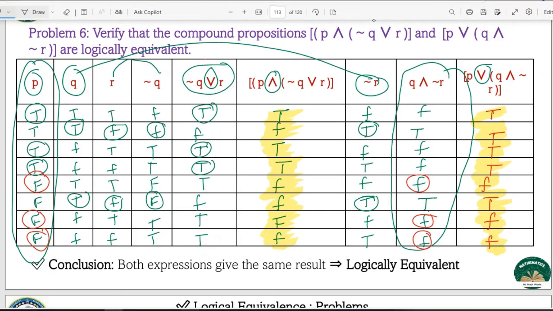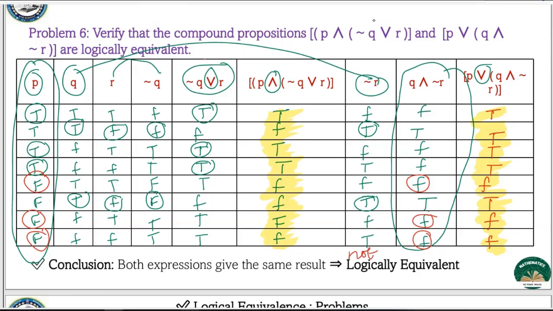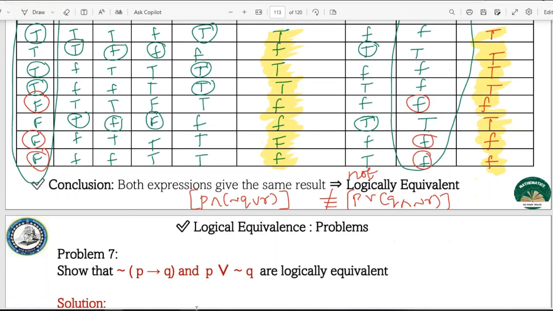So it is not logically equivalent. That is, P and (negation Q or R) is not logically equivalent to (P or Q) and negation R. So this is how we prove whether it is logically equivalent or not.